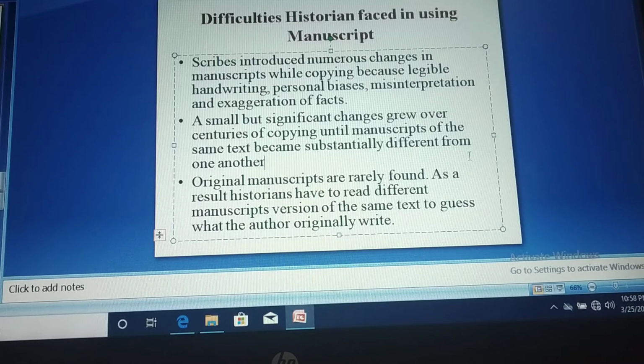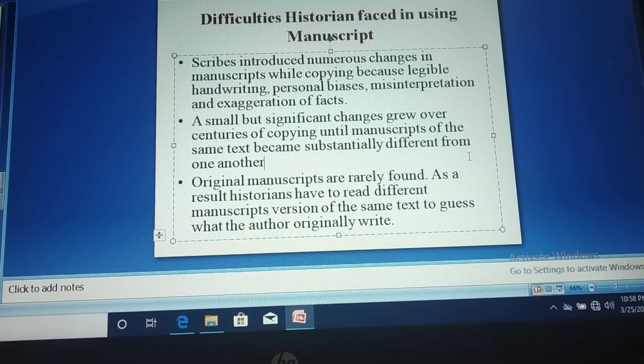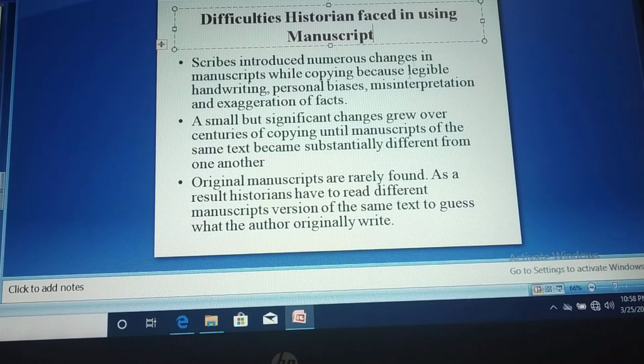Originals are very difficult to find, but whatever copies of that particular manuscript are available, historians have to read all of them to reach a conclusion. So these were a few difficulties which historians faced while studying or reading manuscripts.